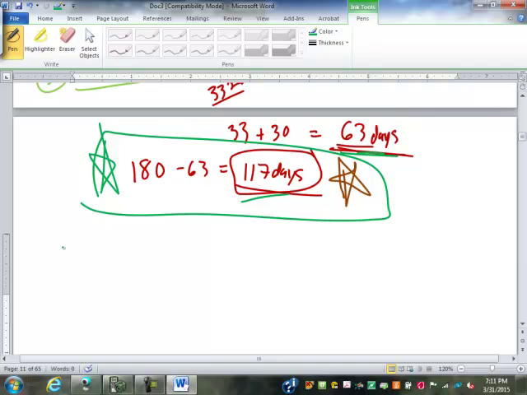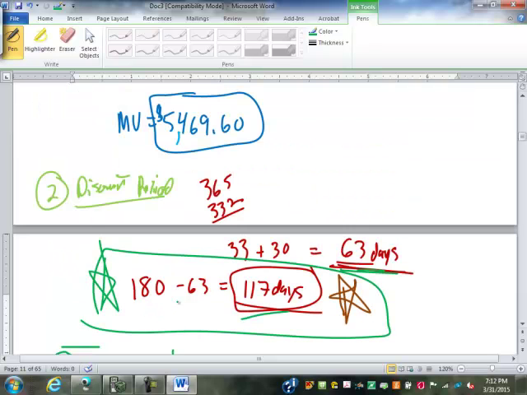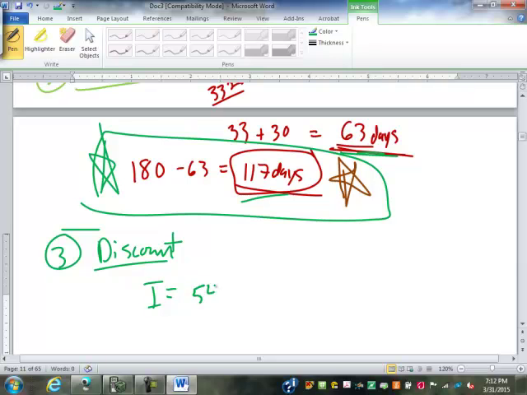So now what is step 3? The discount. So that is going to be the maturity value of 5,469.60 times the bank's discount rate of 7.9%, so 0.079, times 117 over 360. Good.